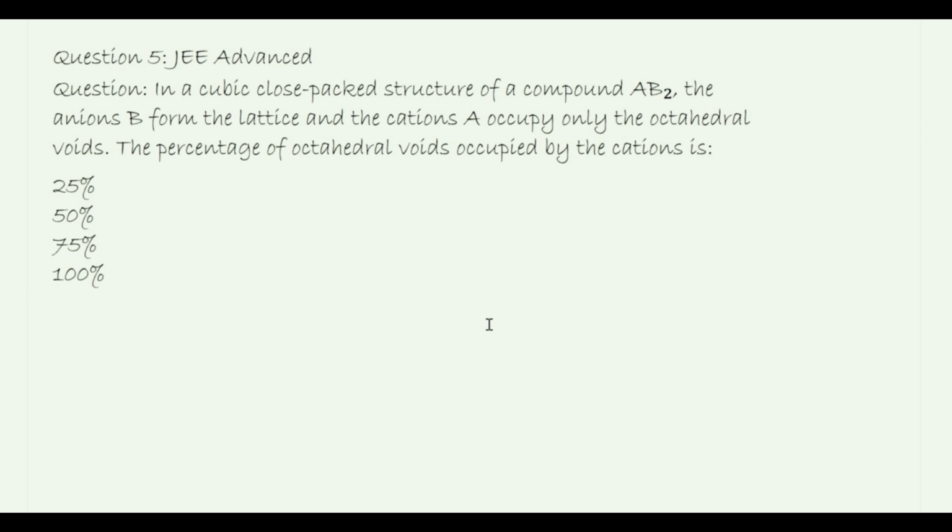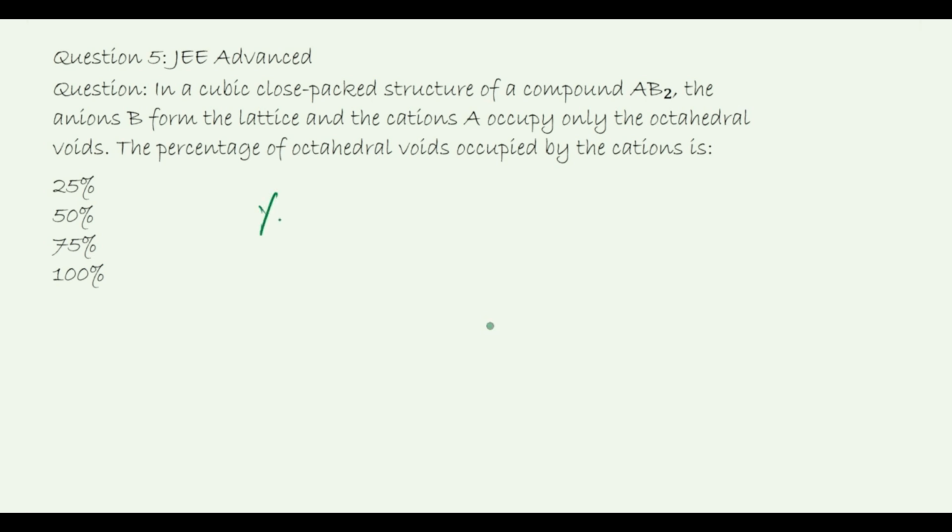Because it goes in the AB2 type. And the number of octahedral voids is equal to the number of anions, which again becomes 4, isn't it? So in case of cations, that is half the amount, that is 2 per unit cell as per the formula AB2.